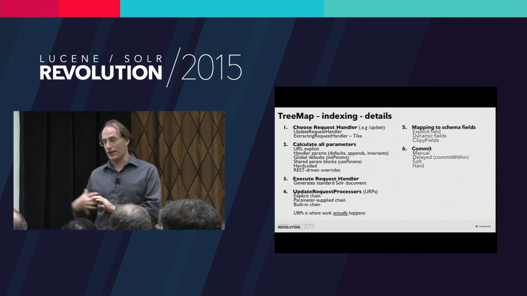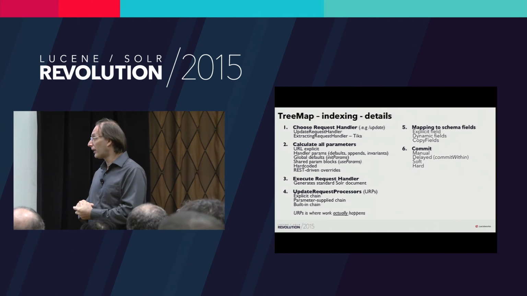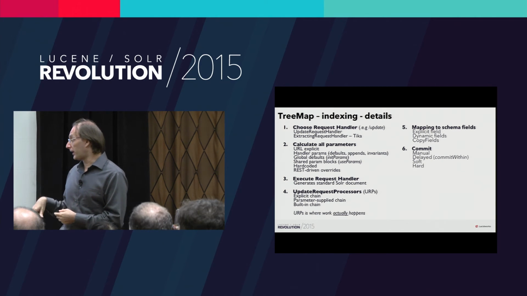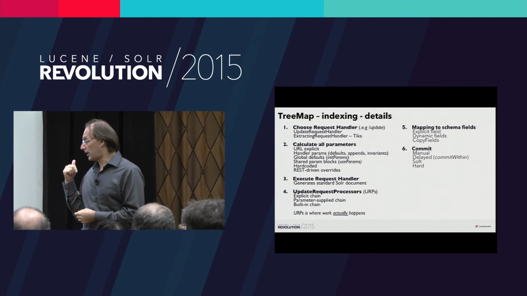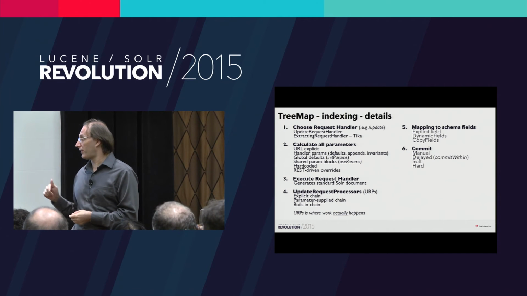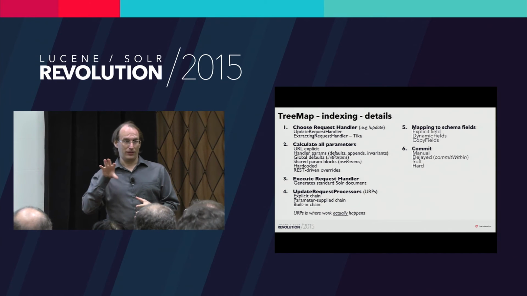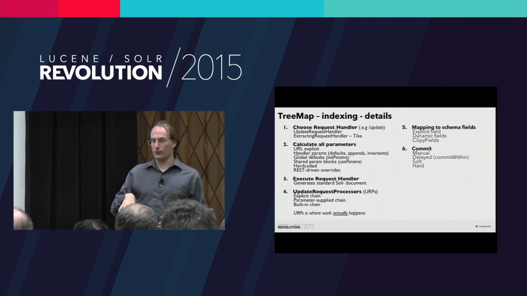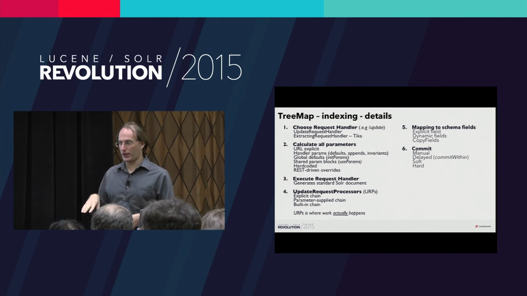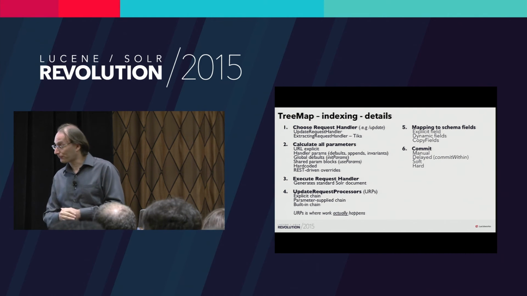All of that stuff is actually the update request processor chain, right? But in addition, things like schemaless and so on, which we'll see in a minute, also use update request processors. So that's kind of the iceberg part under the water of Solr. That's where a lot of work happens that you don't necessarily see.